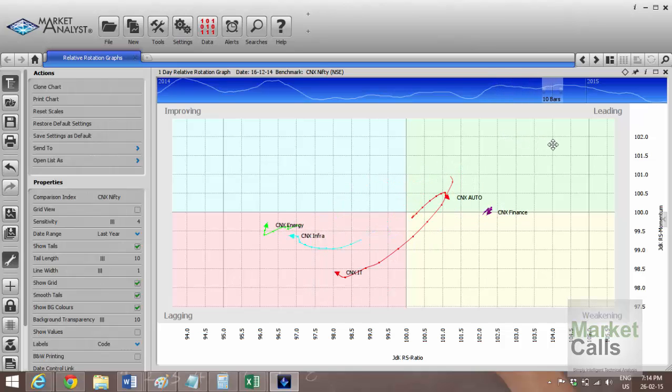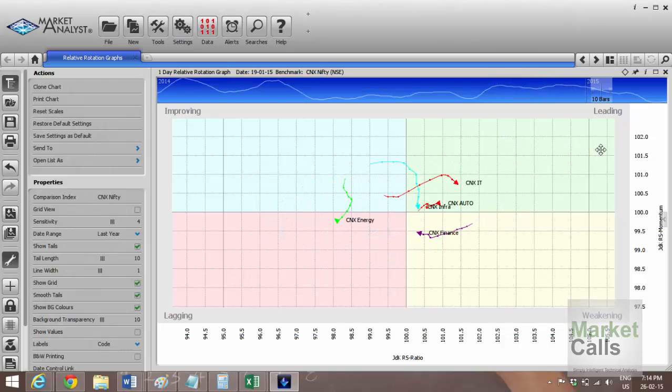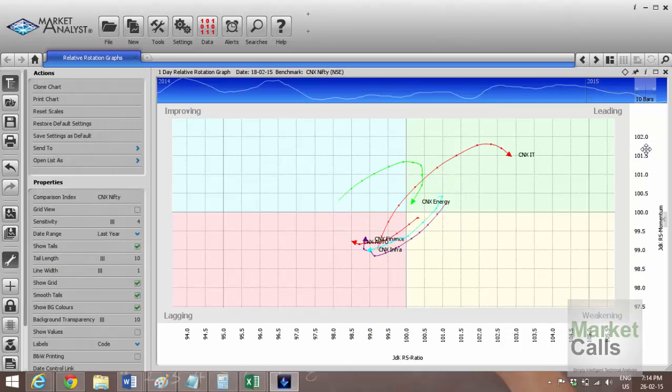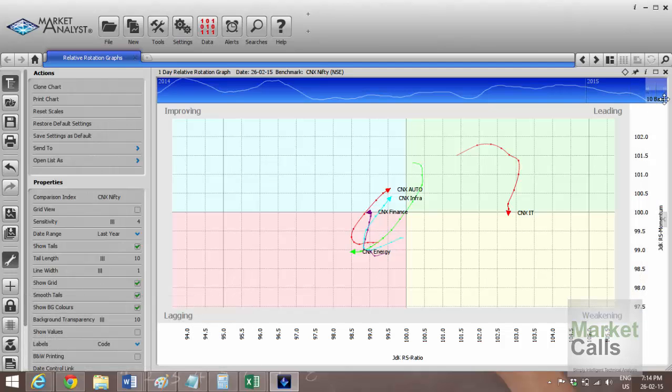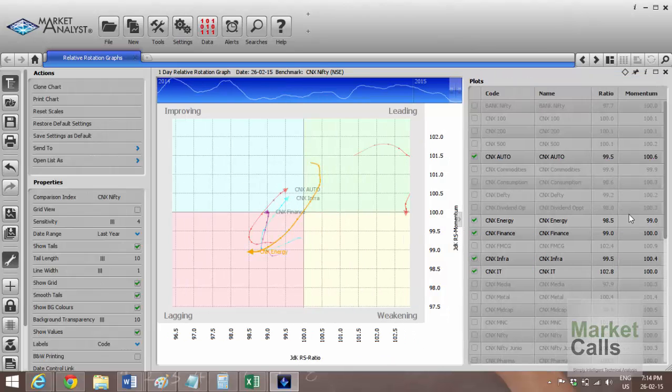Let me add a few more sectors. I'll add metals. You can see it is moving from improving to leading.